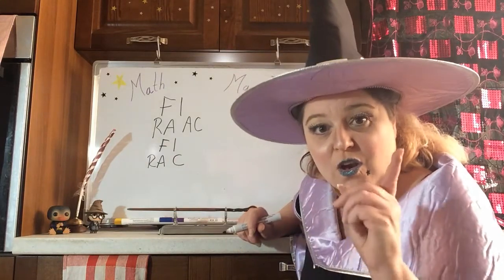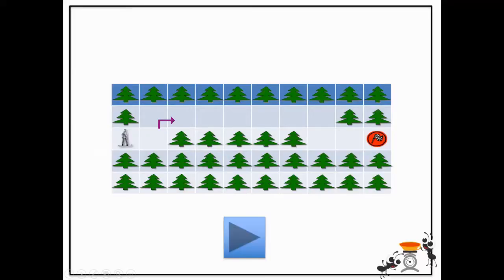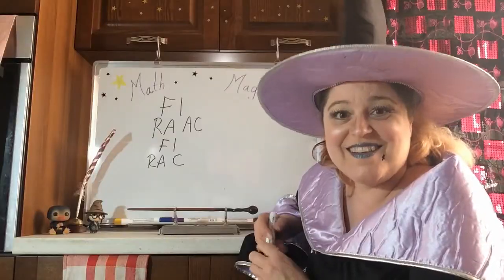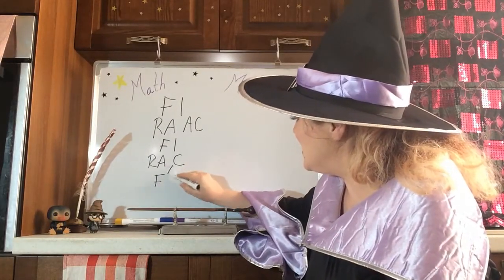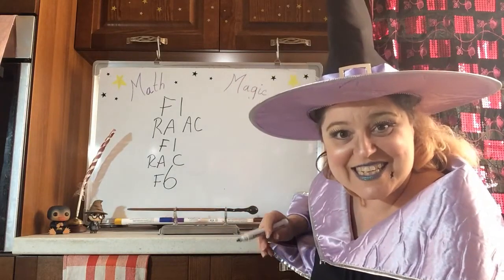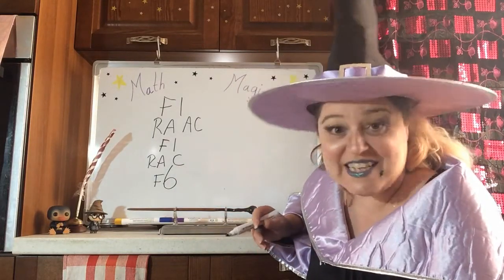Now what? Look at the snowboarder again. Yes, he needs to move forward. Look carefully at him. How many spaces forward does he need to move? Count carefully. Very good. He needs to move forward 6 spaces. Is he there yet?